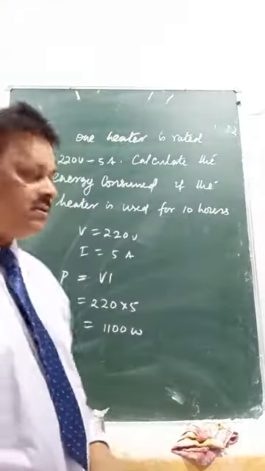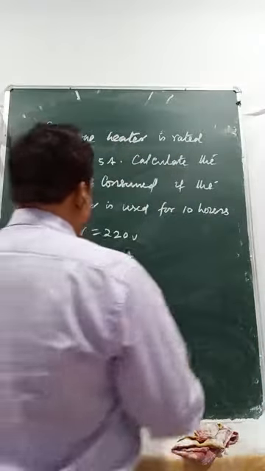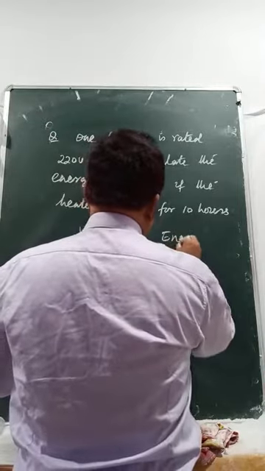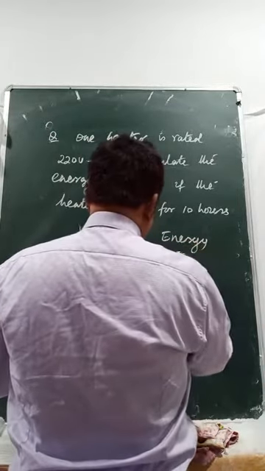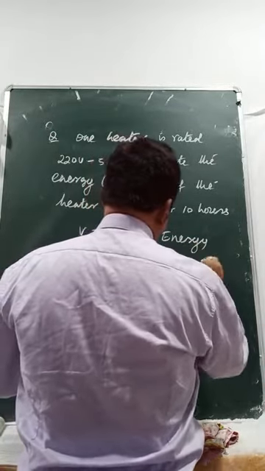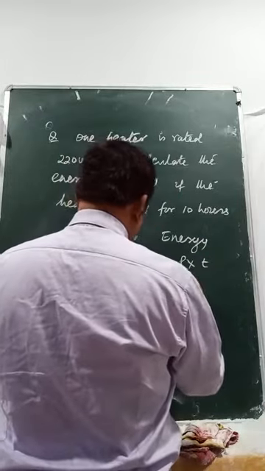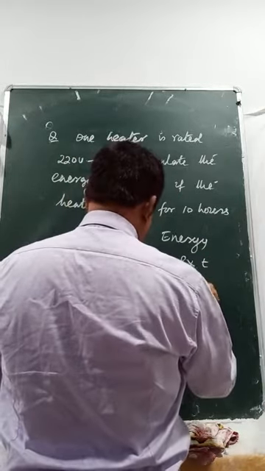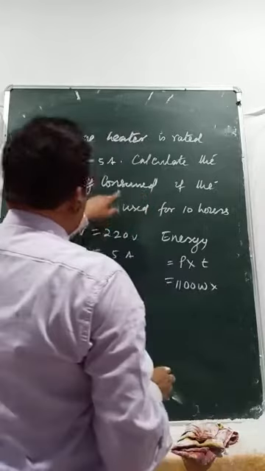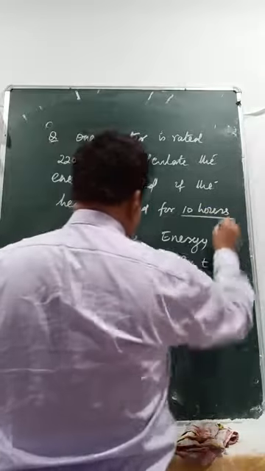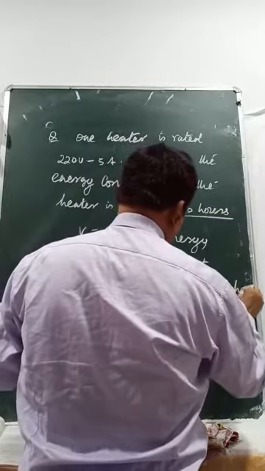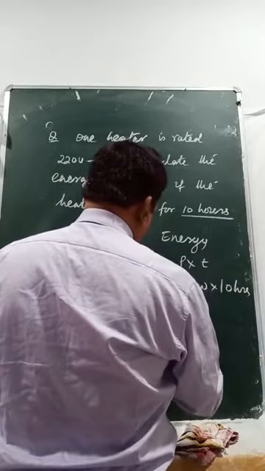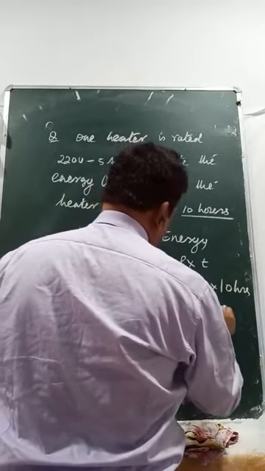Energy consumed when the heater is used. What is the energy consumed? Now power into time. Energy equals power into time. Power is 1100 watt into time. Time is how much? 10 hours. So 11000 watt hour.